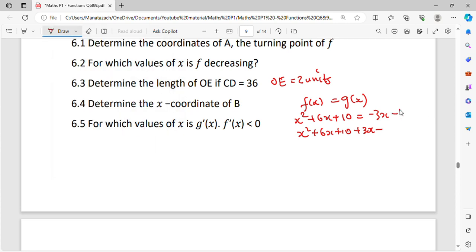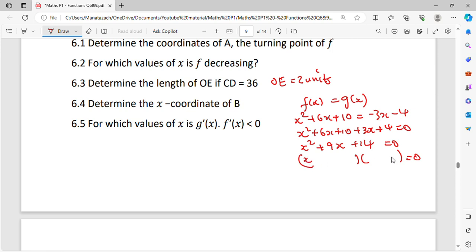So it's minus 3x minus 4. When everything comes to this side, it will be positive. And then here you'll have x squared plus 9x plus 14 equals 0. So this is the quadratic expression which you can factorize.